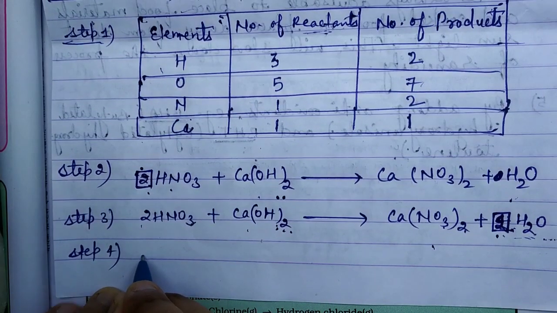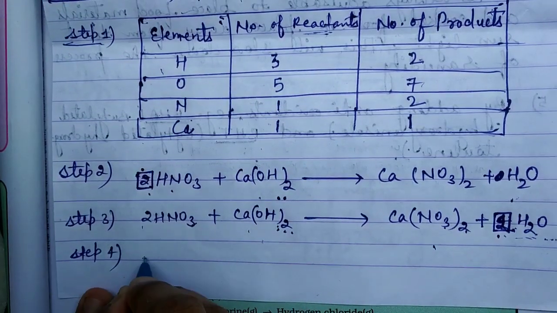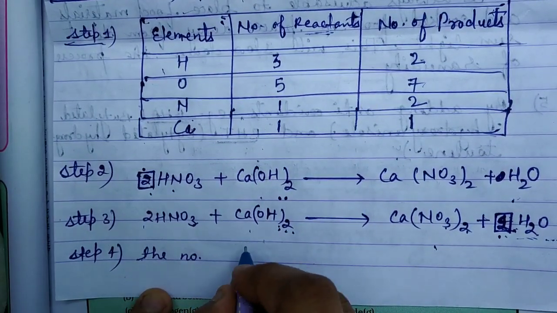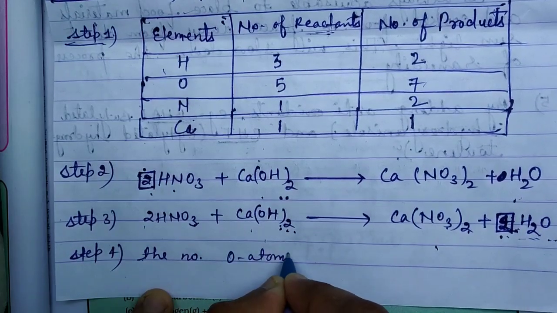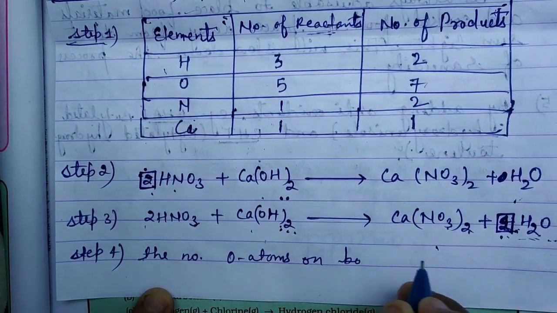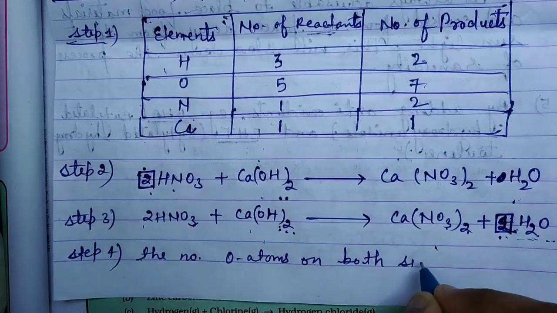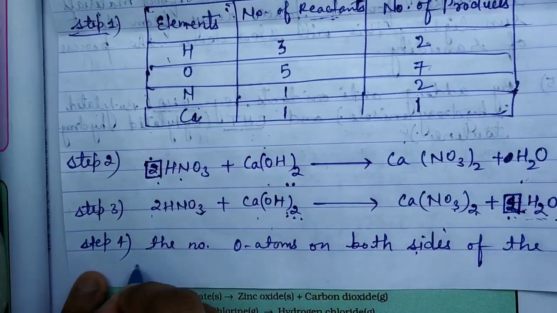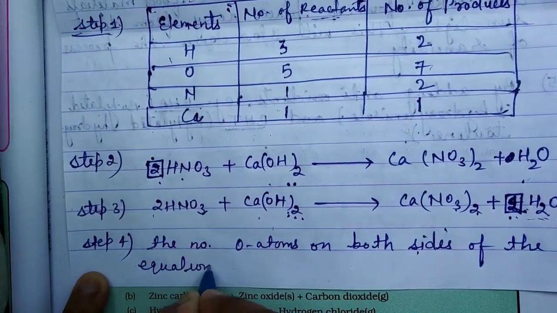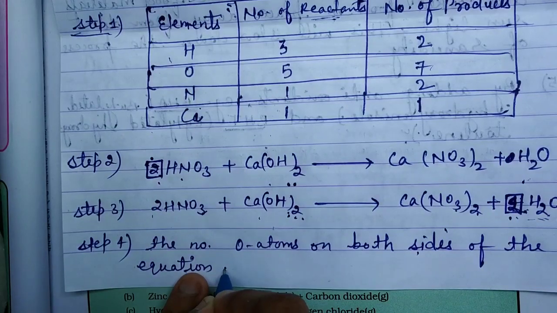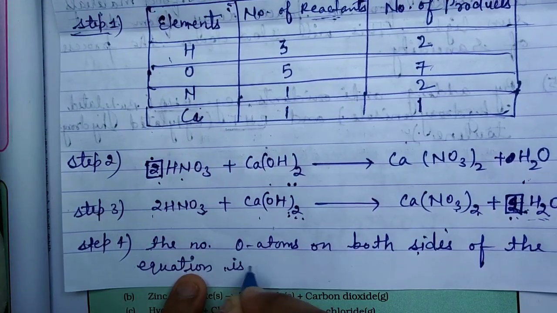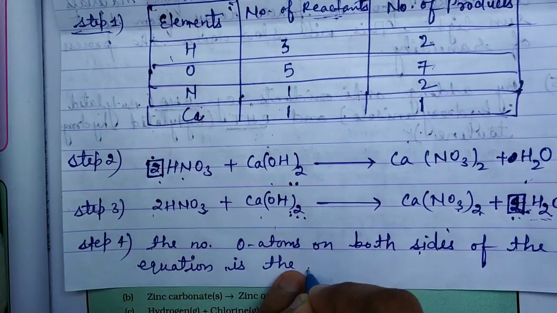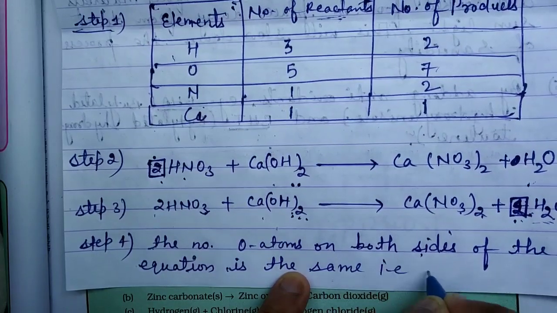So finally we write here that the number of oxygen atoms on both sides of the equation is the same, that is 8.